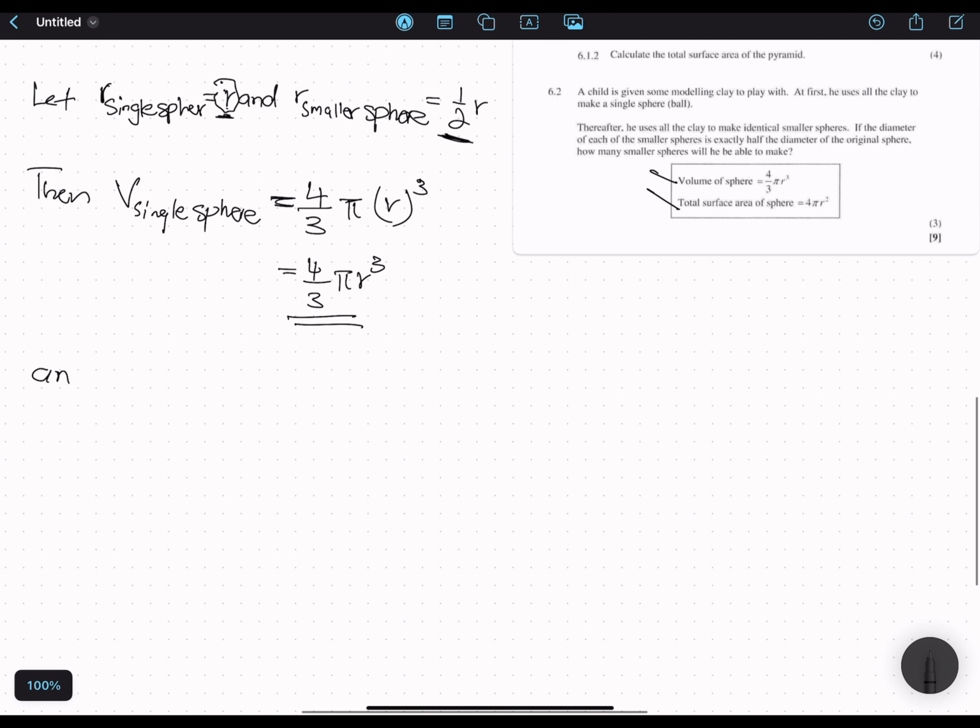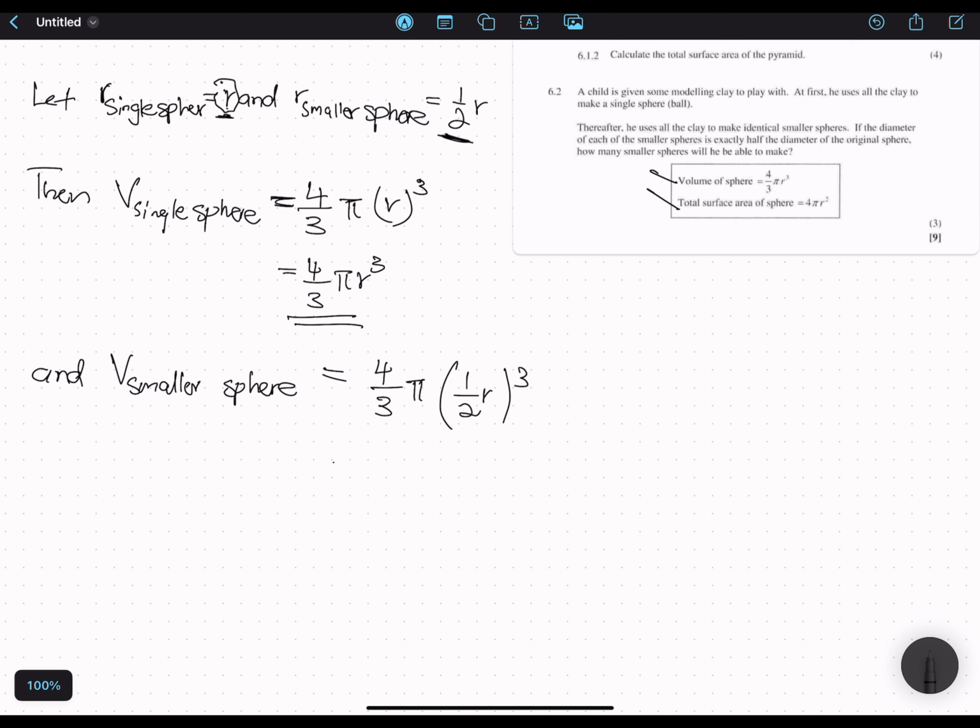the volume of this one smaller sphere is equal to, then we use the same formula, then it's pi into, where we see that we're going to put 1/2 r cubed.